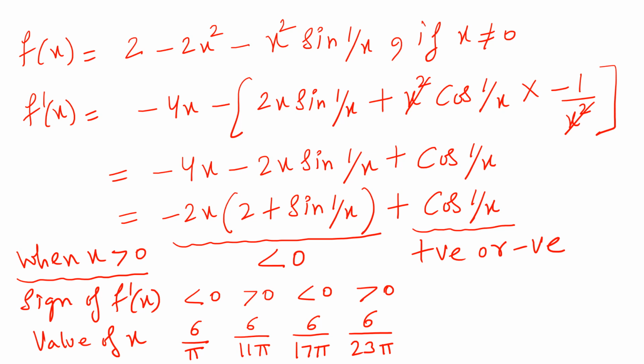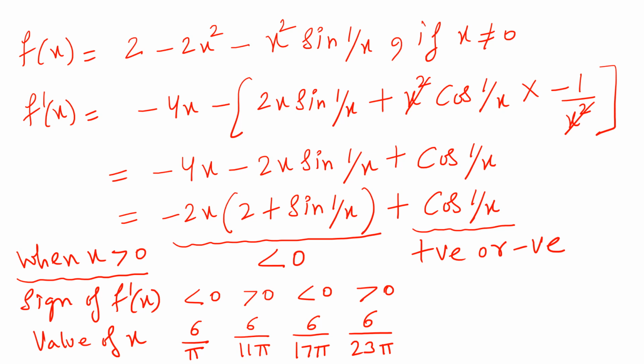Now if I keep on putting smaller values of x every time, then it is always possible to find such a smaller value of x that will change the sign of f dash x. This clearly implies that in any selected open interval 0, delta, the sign of f dash x does not remain the same.